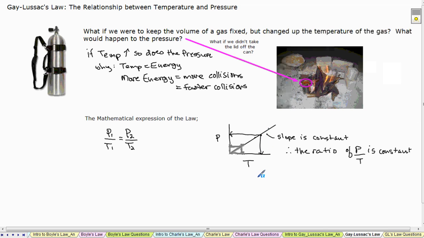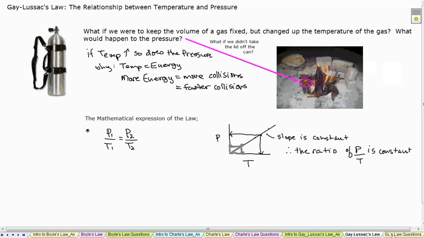It will always be the same because we have a linear relationship between these two values. So Gay-Lussac's expression of this relationship is what we see here. P1 over T1 is equal to P2 over T2.